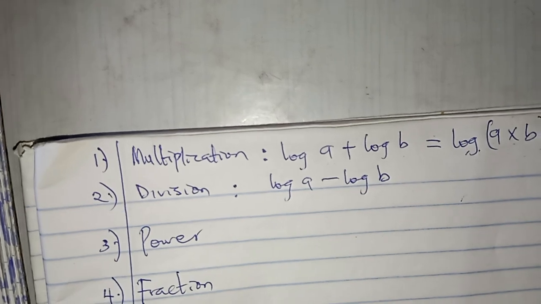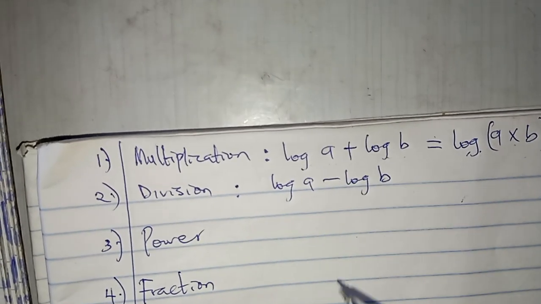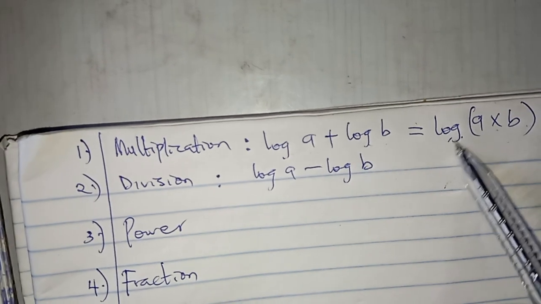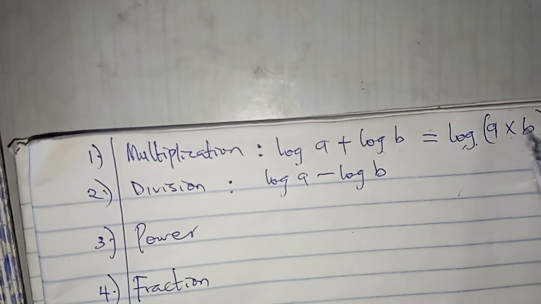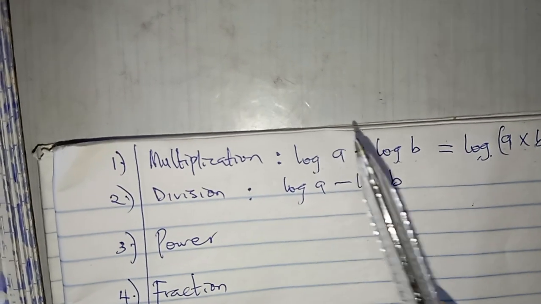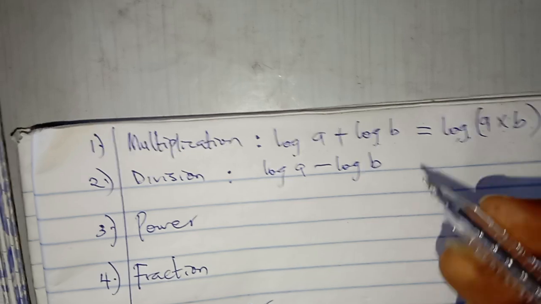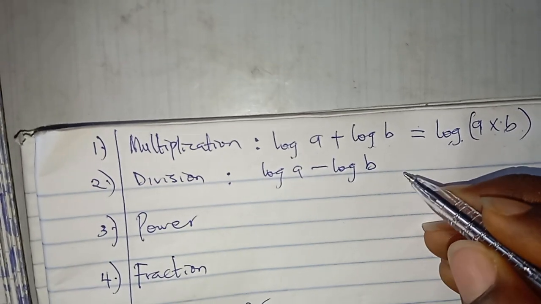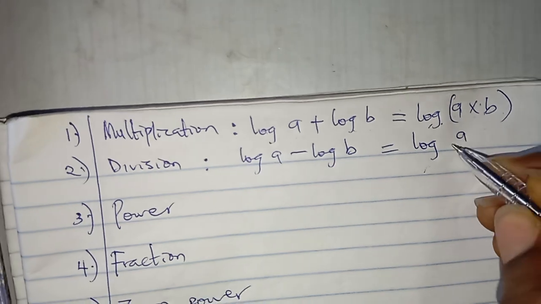And anytime I have log and they did not indicate the base, I just know that it's log base 10, unless specified. So far as it is multiplication or addition, I can choose to take this to mean this, or take this to mean this, depending on what gives me the answer I'm looking for. So log a minus log b is the same thing as saying log of a over b.